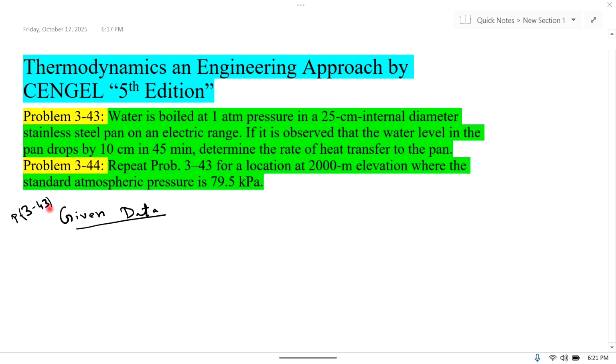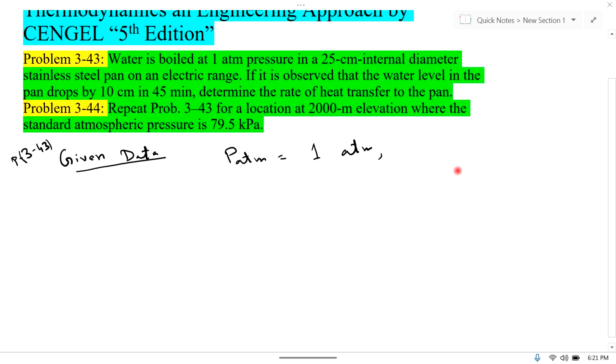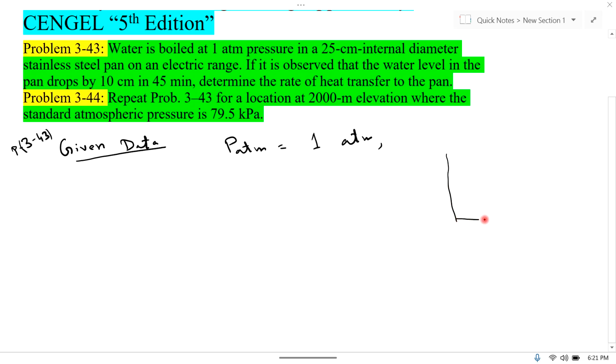So water is boiled at atmospheric pressure, 1 atm, and a 25 centimeter internal diameter stainless steel pan. This is a pan and the internal diameter means the diameter from this point to this point.